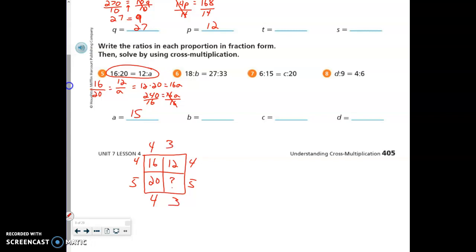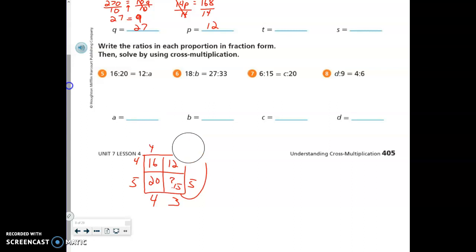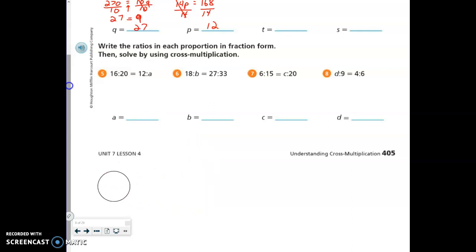This should also be a 3. So if I multiply the two numbers that are touching that box, I should end up with a 15, and we ended up with a 15. So again, just showing us a way that we can bypass that factor puzzle piece, but we can use the factor puzzle to make sure that I am correct in my answer and how I set that stuff up.